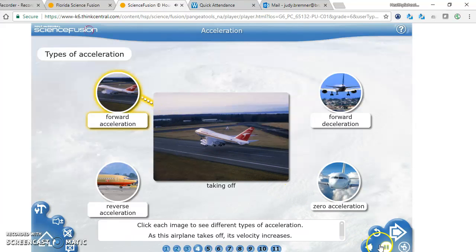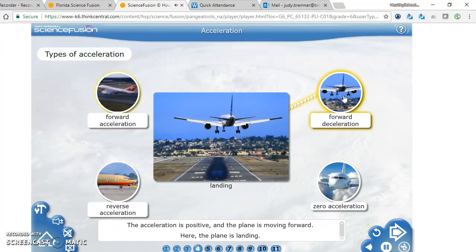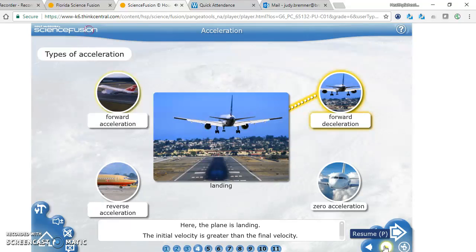As this airplane takes off, the velocity increases. The acceleration is positive and the plane is moving forward. Here, the plane is landing. The initial velocity is greater than the final velocity.